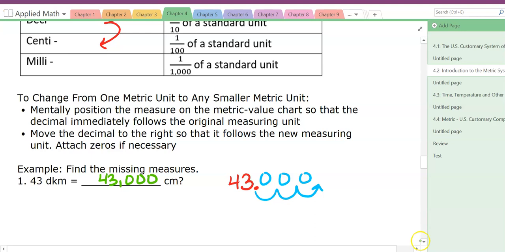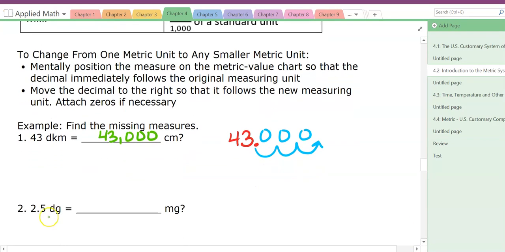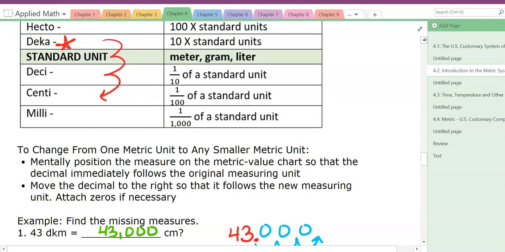Okay, let's look at what number 2 says. 2 says that we have 2.5 dg. dg would just be deci, so decigrams. So coming back up here, decigrams would be 1 underneath the standard, so this is where I'm starting. Where I start is where I'm at, and I'm trying to go to milligrams. So I got to go down 1, 2.